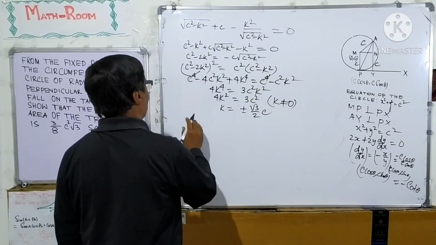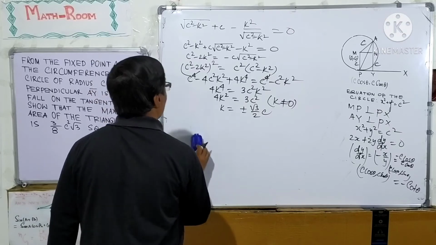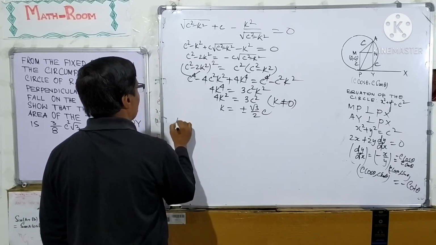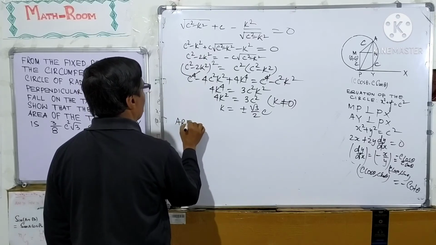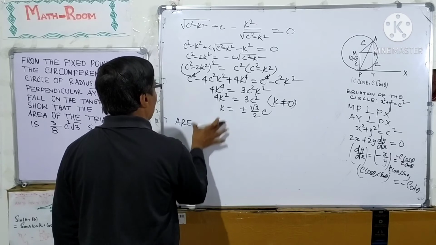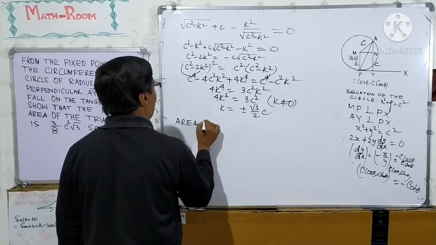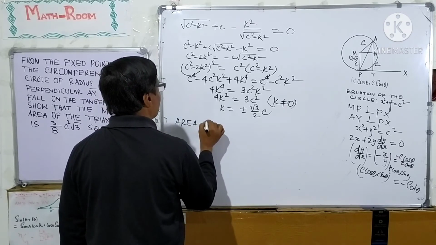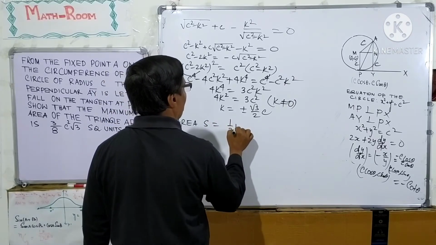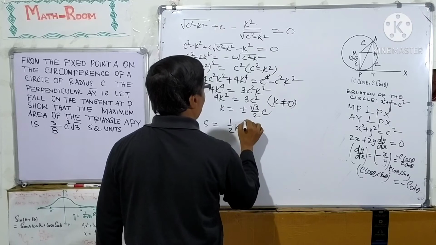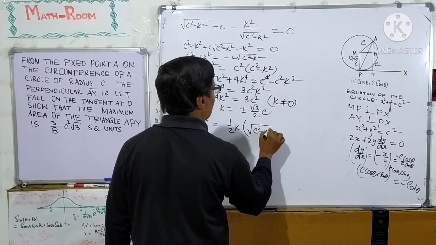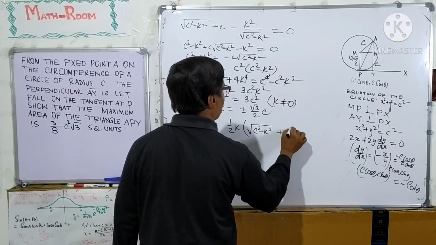Also we have the area of the triangle APY, S. Area S equal to half k into root over of c square minus k square plus c.